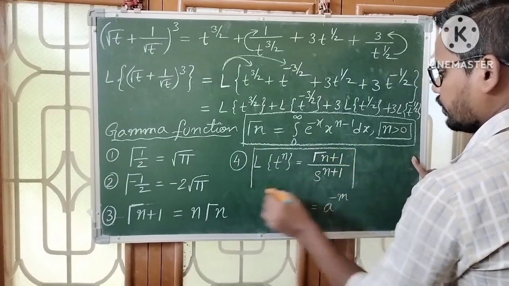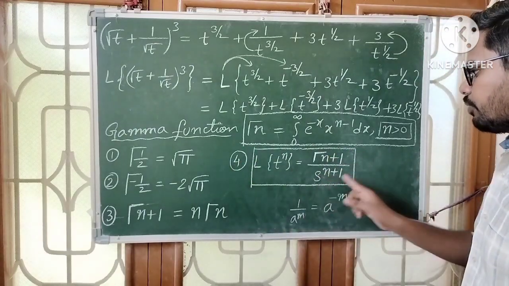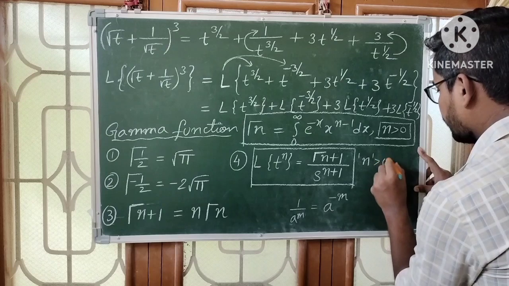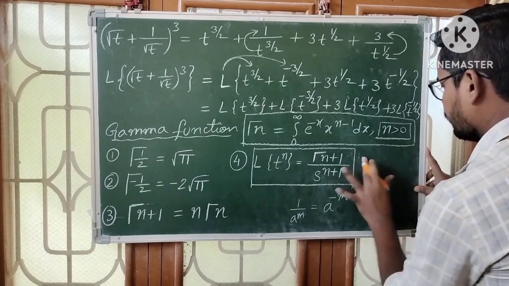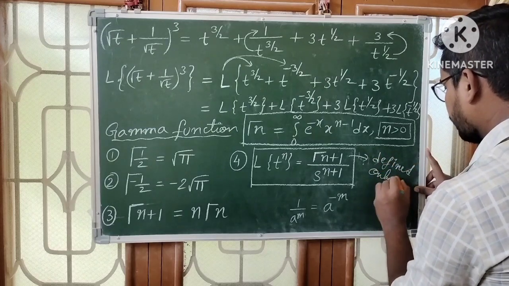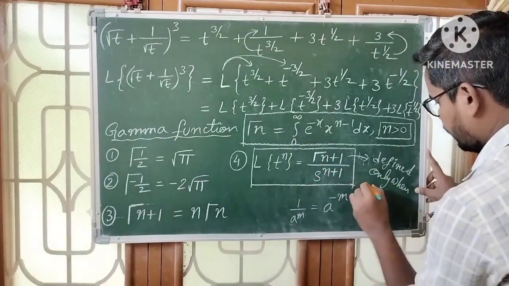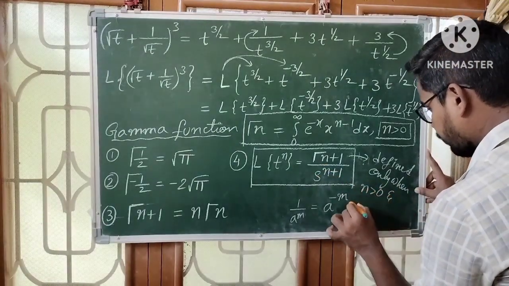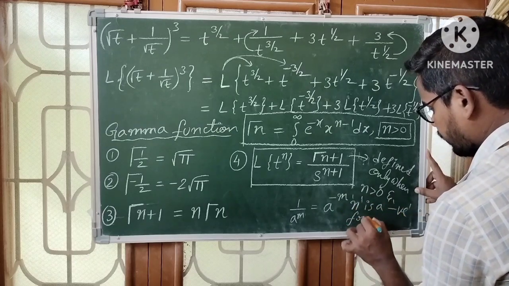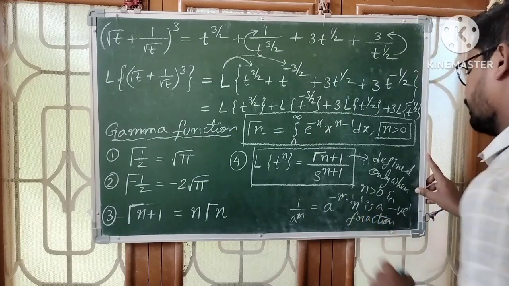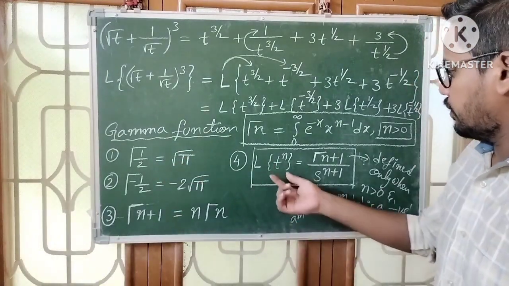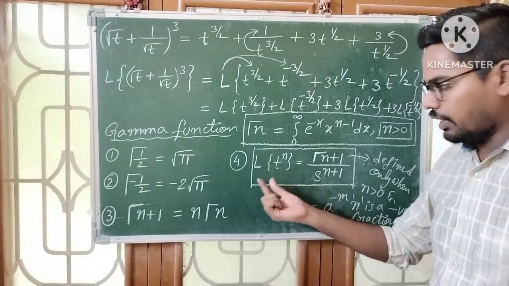Remember, this formula is valid when n is greater than 0 or n is a negative fraction. So I am going to use a total of 4 properties, especially this formula, Laplace transform of t power n.